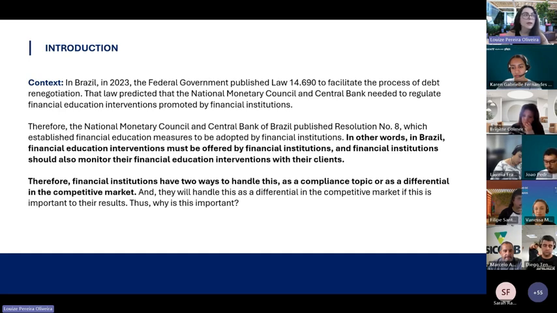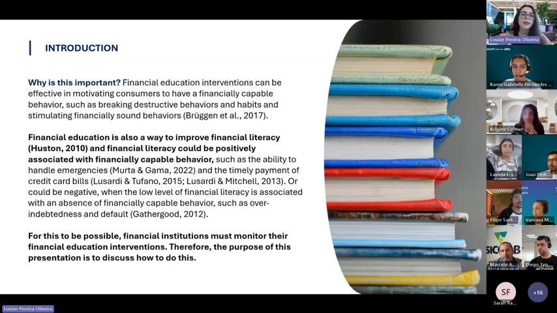So if we can think about our business model as a way to contribute with this, and if we can think about financial education interventions promoted by financial institutions as a way to improve our economy in a sustainable way, so we have a differential and a competitive topic for use in our business.